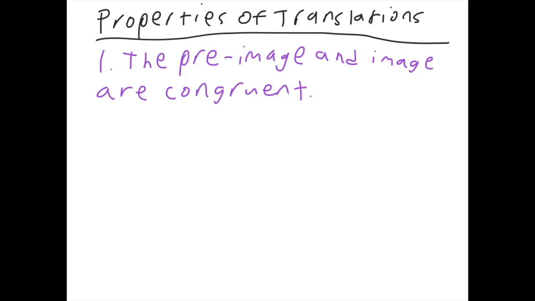Next, there are a couple properties of translations. The first being that the preimage and the image are always congruent. So that means the object that you start with and the object that you end with are exactly the same except for their position. They're just moved, but they're the exact same object.